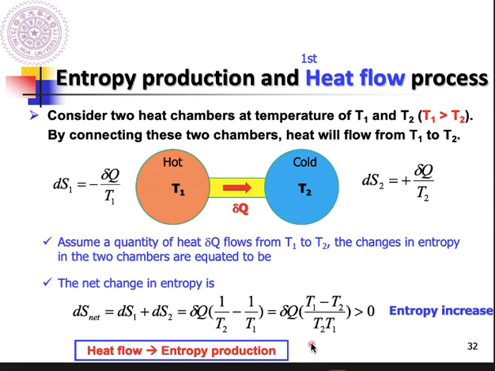The entropy production rate sigma dot can be expressed as J_Q, the heat flux, times the driving force, which is minus the temperature gradient divided by T, and also divided by T. This is the entropy production rate in this heat flow process, right?